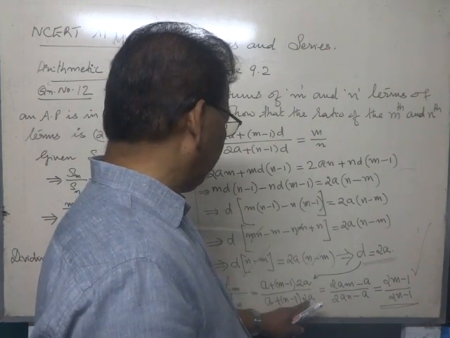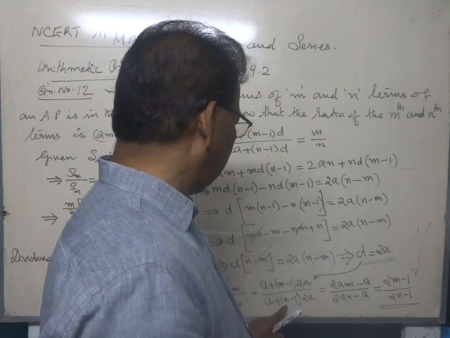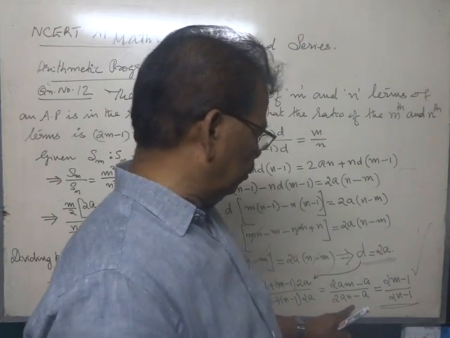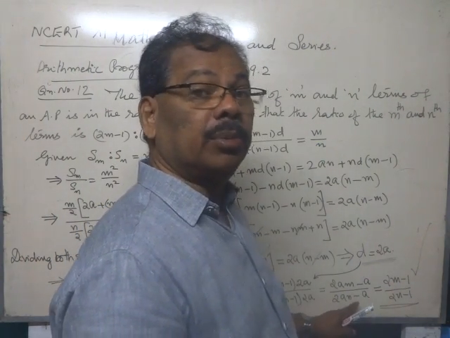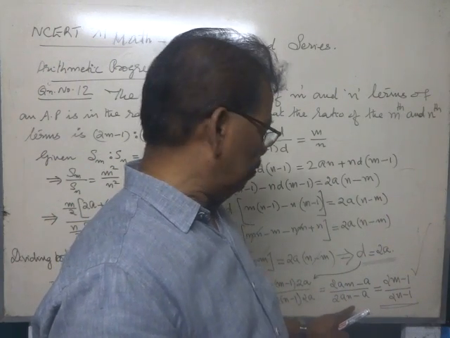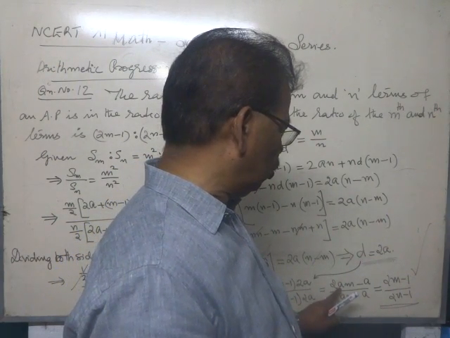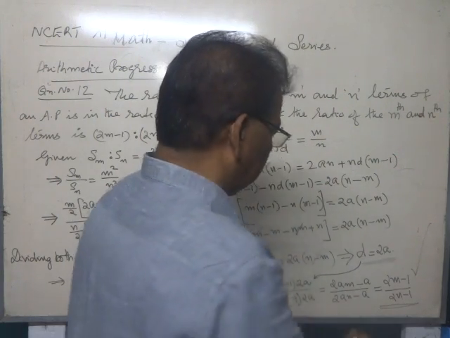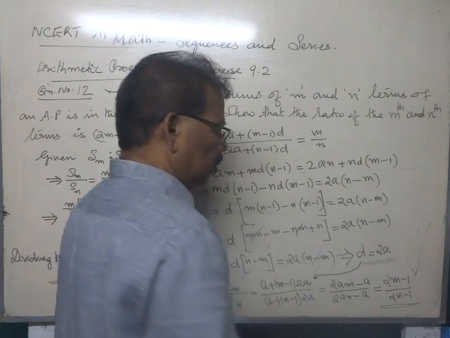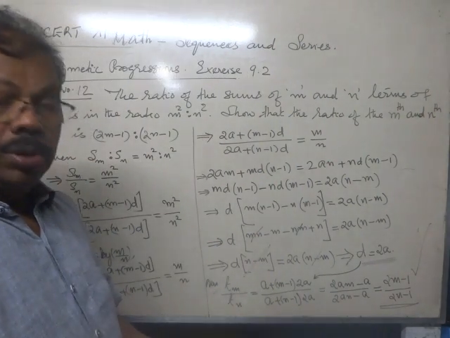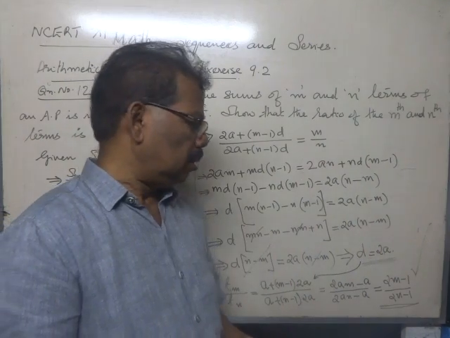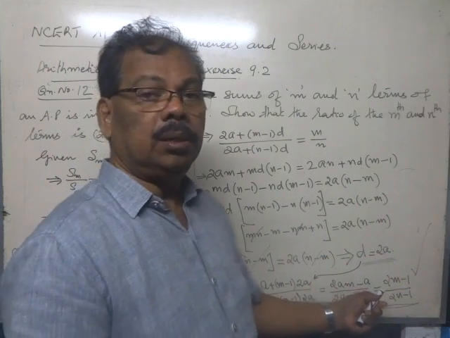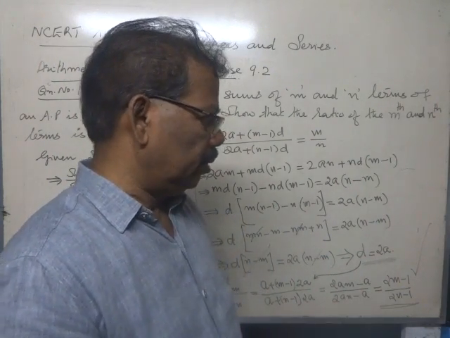Here it is 2an minus 2a plus a, that is 2an minus a. We can divide the numerator and denominator by a. Then it is 2m minus 1 by 2n minus 1. Therefore, the ratio Tm divided by Tn is obtained as 2m minus 1 by 2n minus 1. Alright.